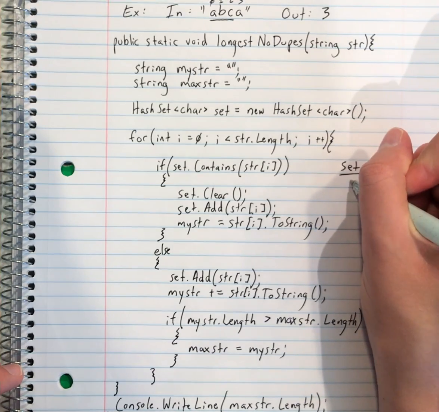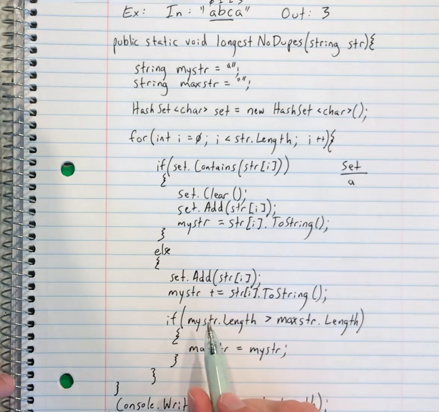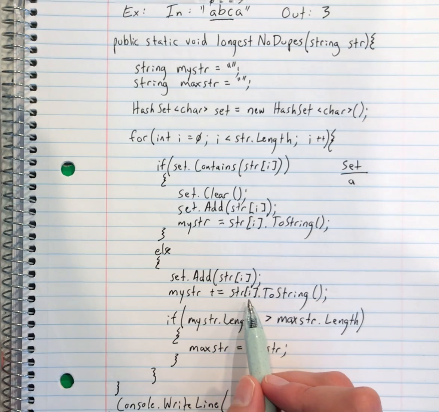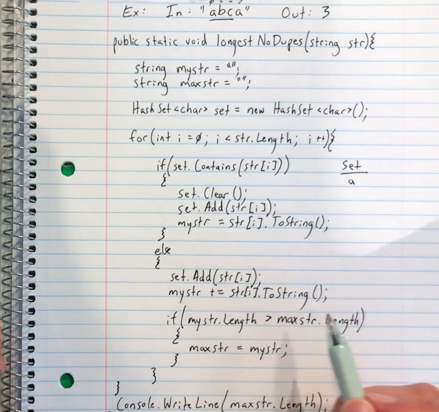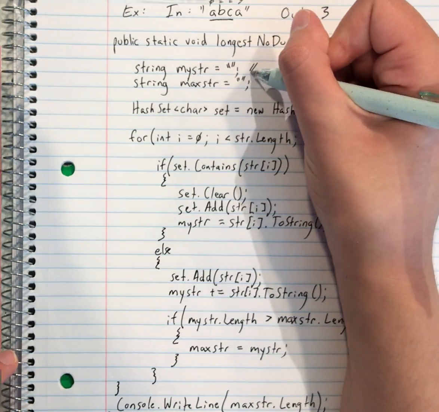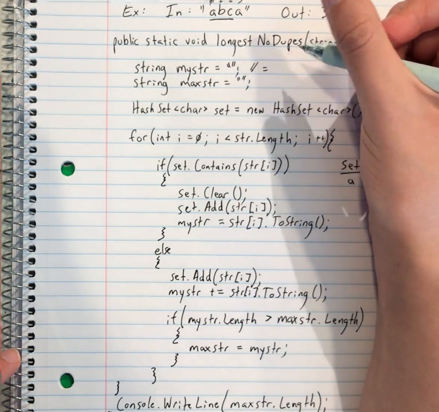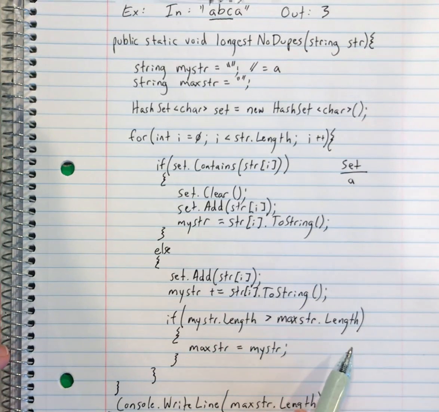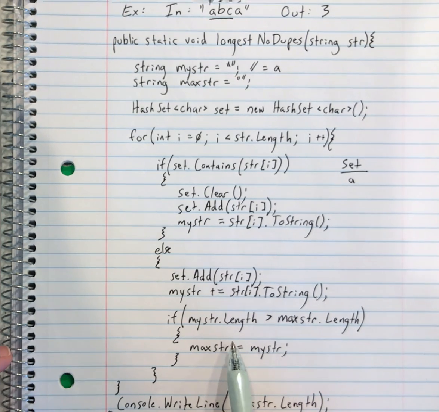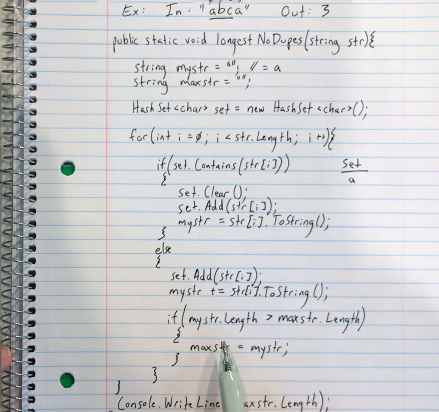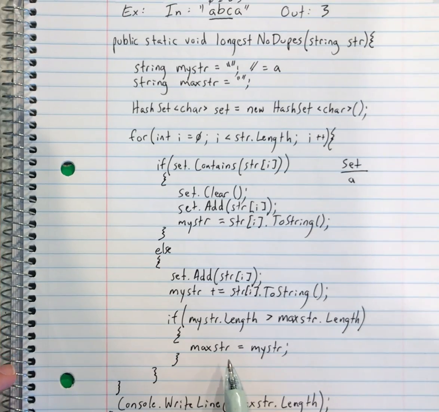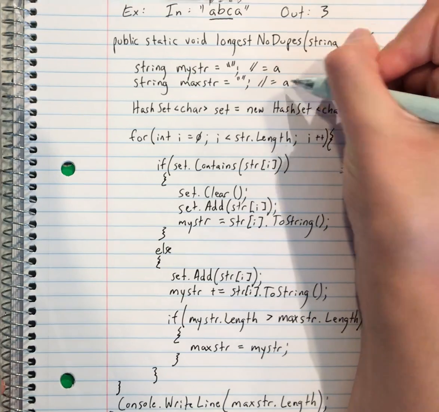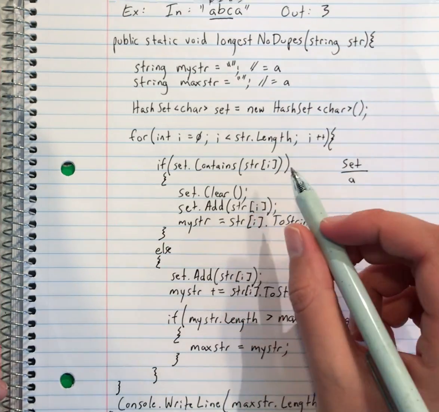I is 0, ith element is A. My string equals my string plus this element. So now my string is A. If my string.length is greater than max string.length, yes, it is. 1 is greater than 0. Now max string is A. Okay, moving on, I equals 1.